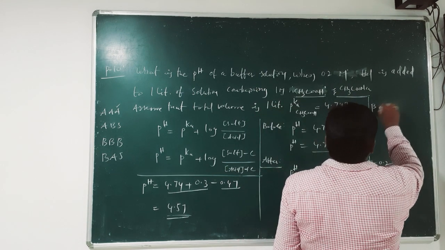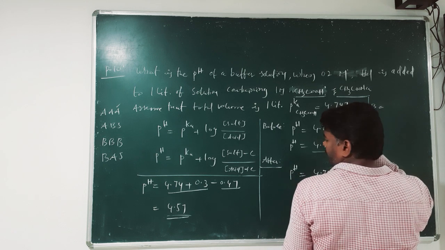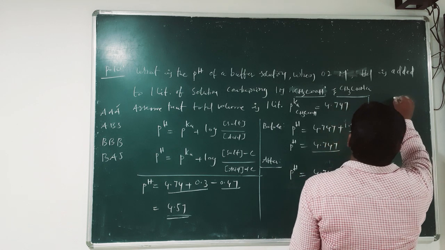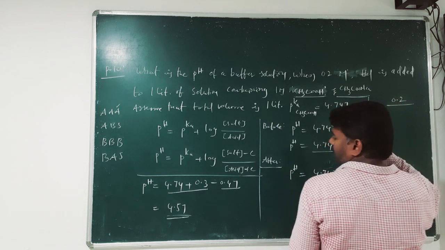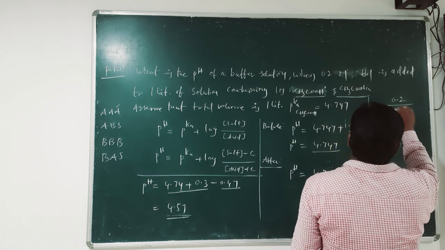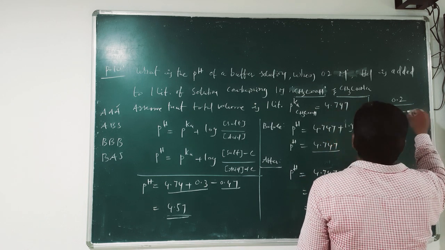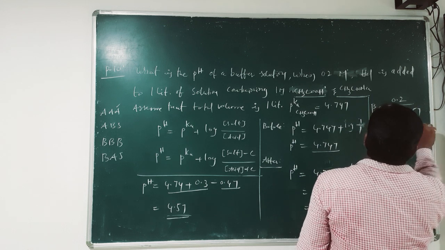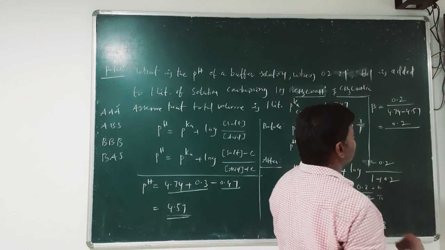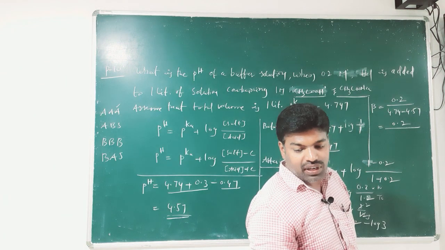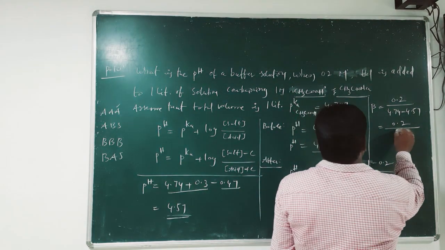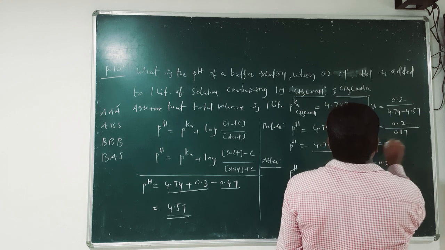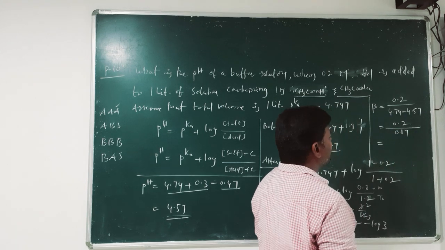Buffer capacity is equal to the number of moles of acid added, 0.2, divided by the change in pH, 0.17.